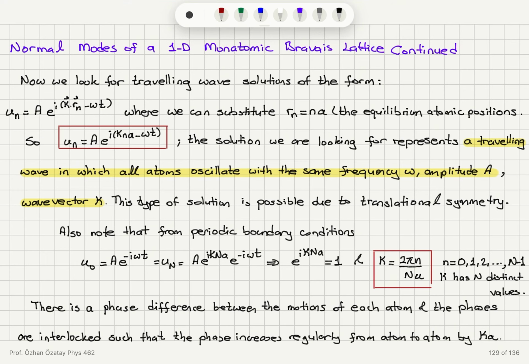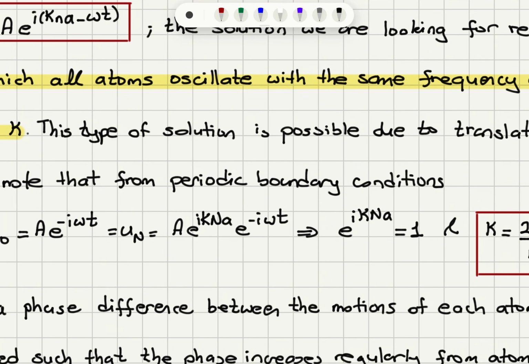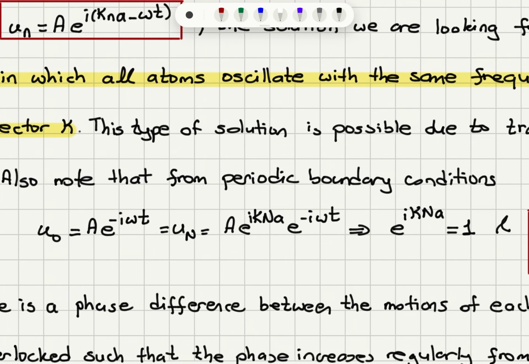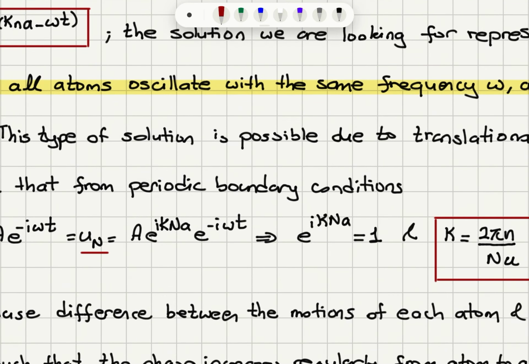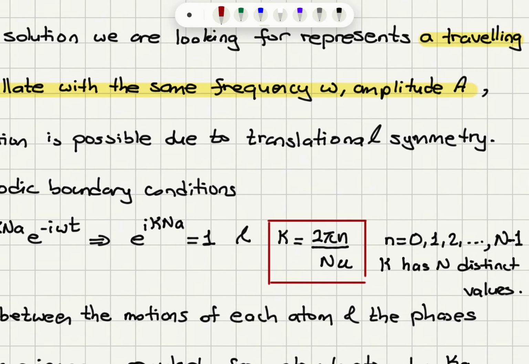Now we're using Born-von Karman periodic boundary conditions. We set the zeroth atom displacement and capital N atom displacement to be equal. For the zeroth atom, we have capital A e to the minus i omega t. For the capital N atom, e to the i k N a e to the minus i omega t. So that basically will imply e to the i k N a is equal to 1.